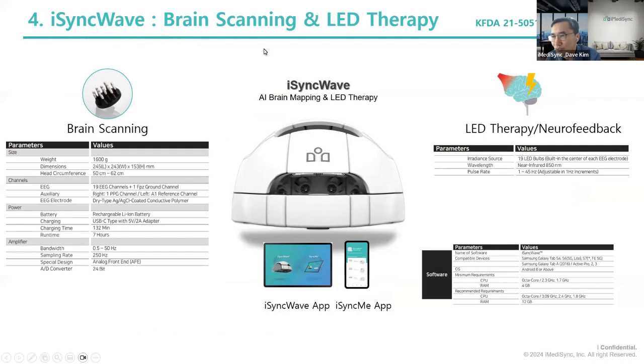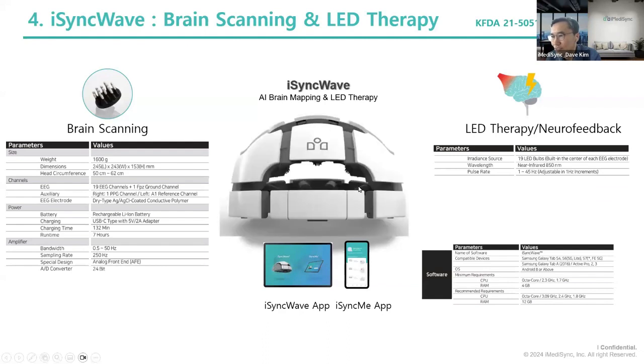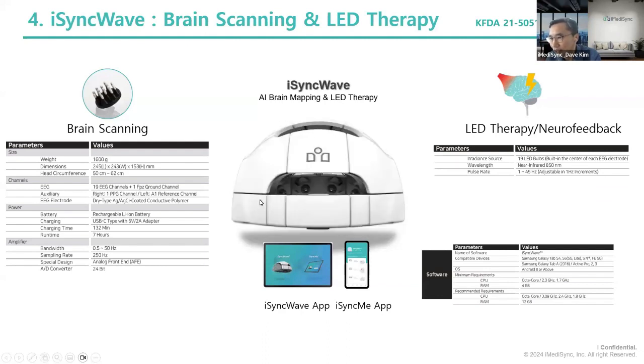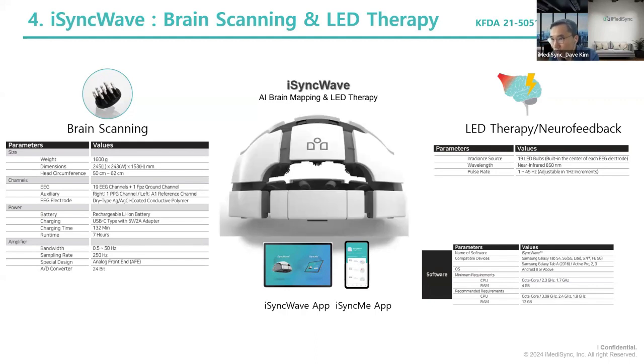Finally, our core strength is this brain scanning and LED PBM integration device. Using this device, we can give a quick, standardized way of EEG recording. This device has a specific mechanical structure.